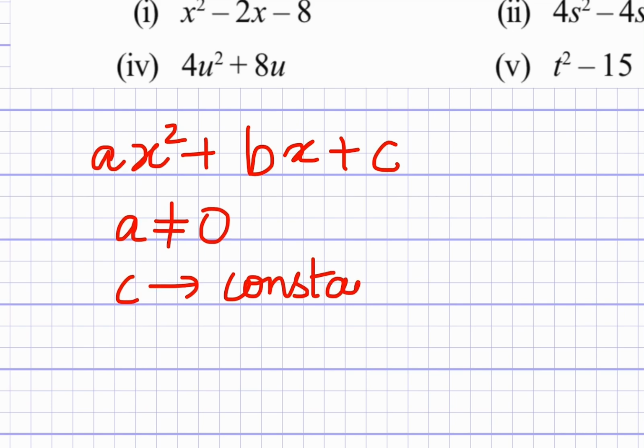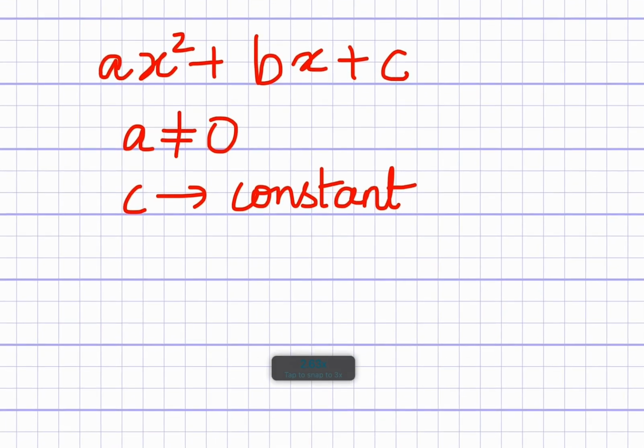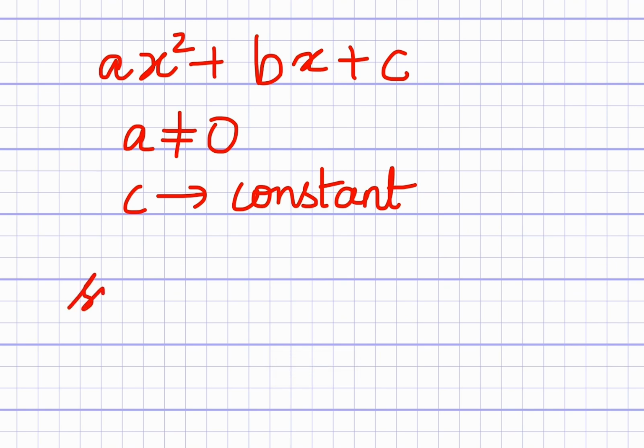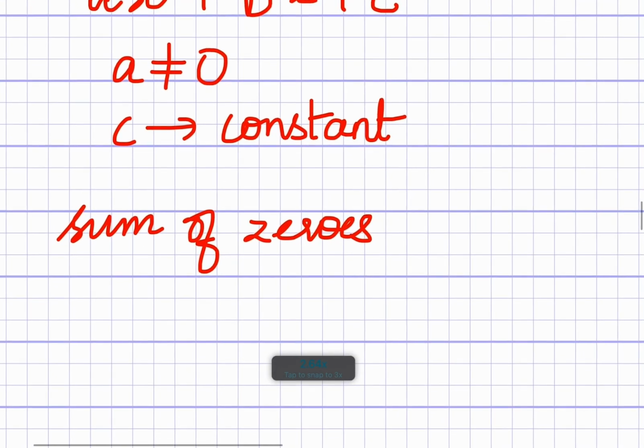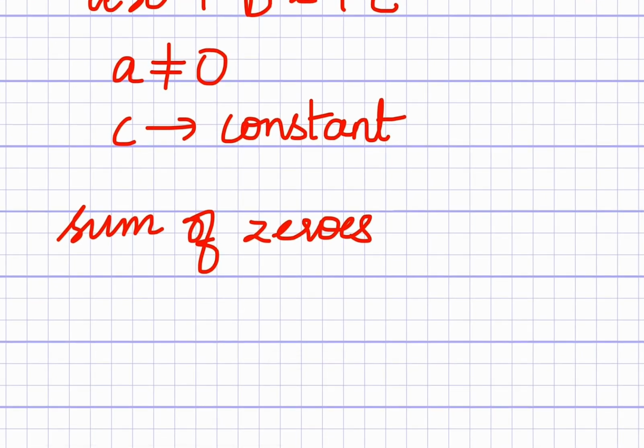And we also have the sum of zeros. This is just to verify the answer. Let's assume that our first zero is alpha and our second zero is beta. Sum of zeros means we add them.